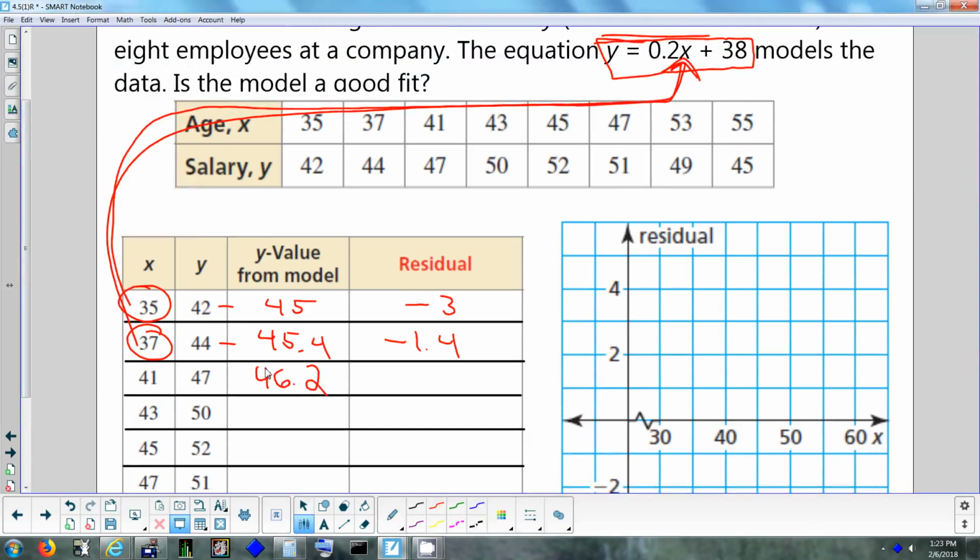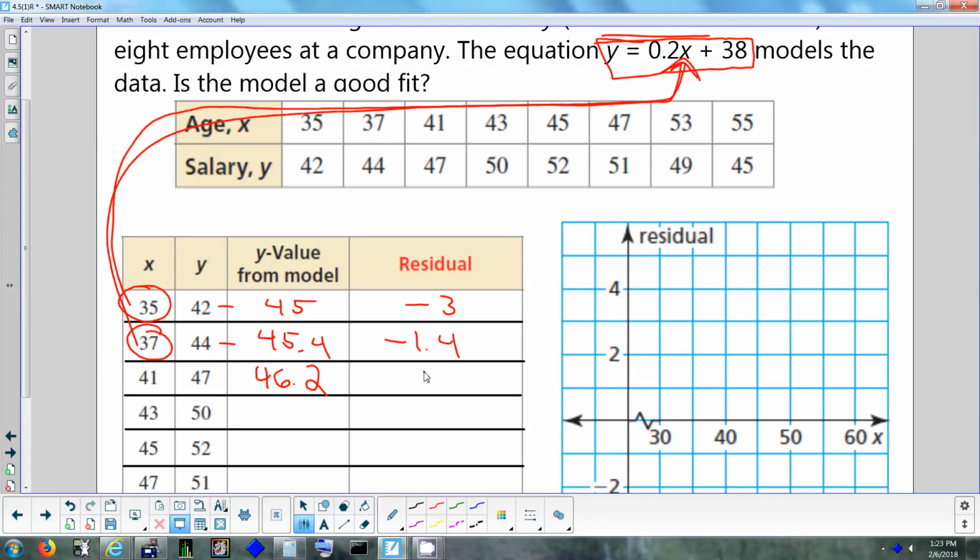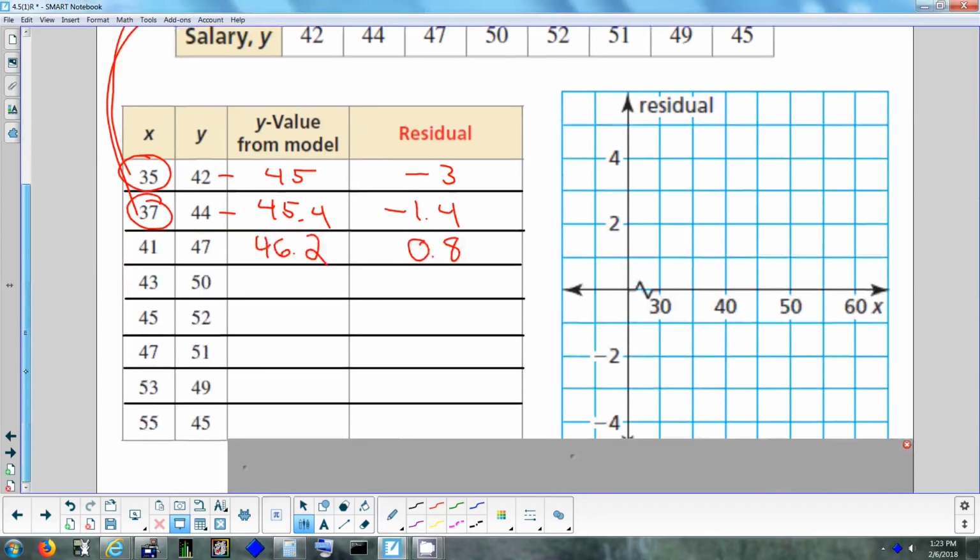Now what do I do? 47 minus 46.2. So we get 0.8. All right, next we got.